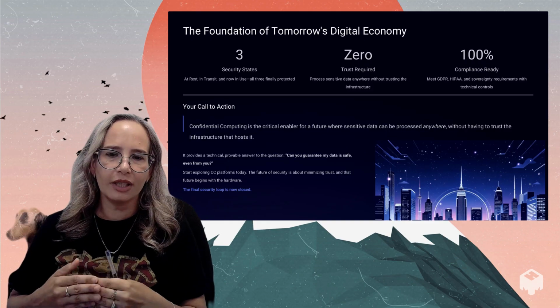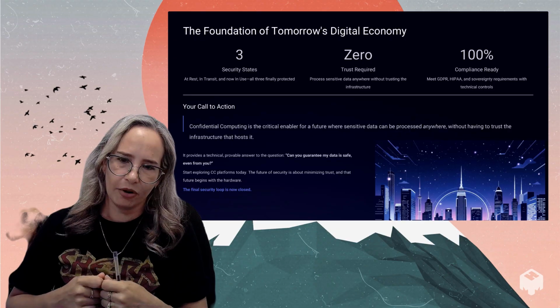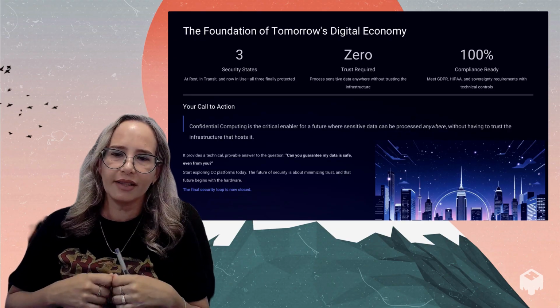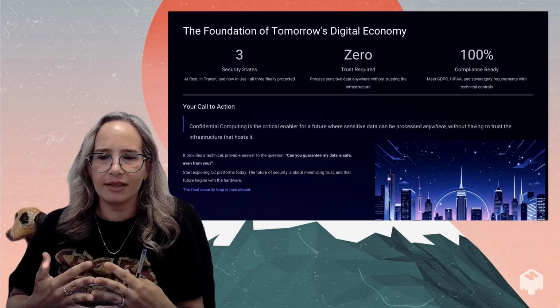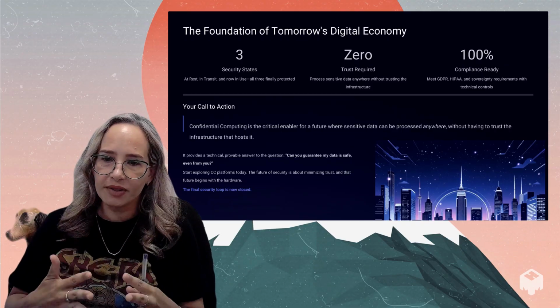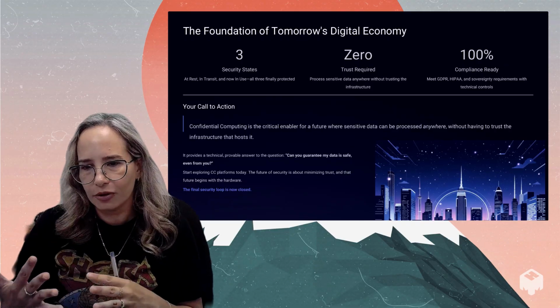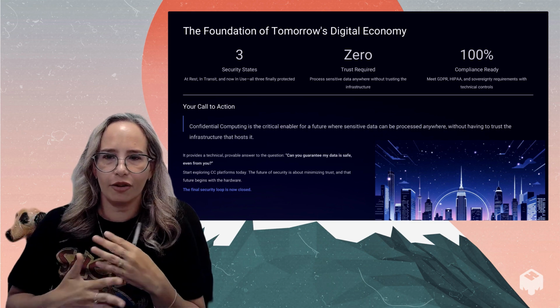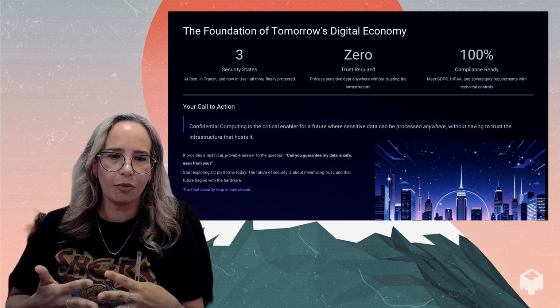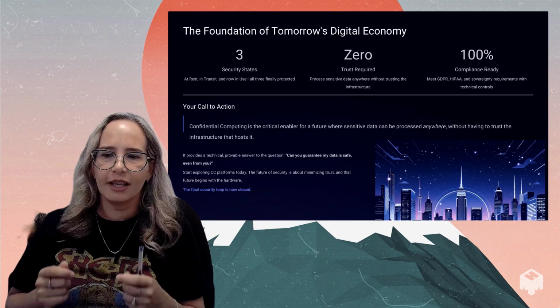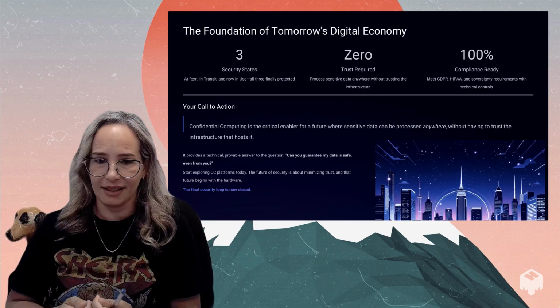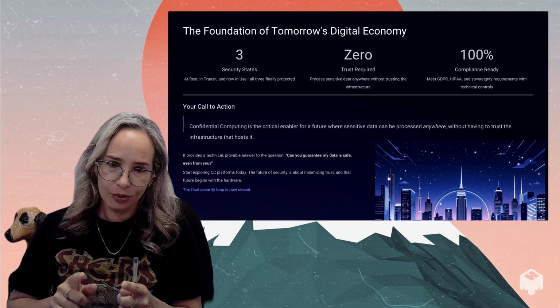Confidential computing is a critical enabler for a future where sensitive data can be processed anywhere without having to trust the infrastructure that hosts it, the cloud vendor, or even third-party software. It provides a technical, provable answer to the question, can you guarantee my data is safe even from you?